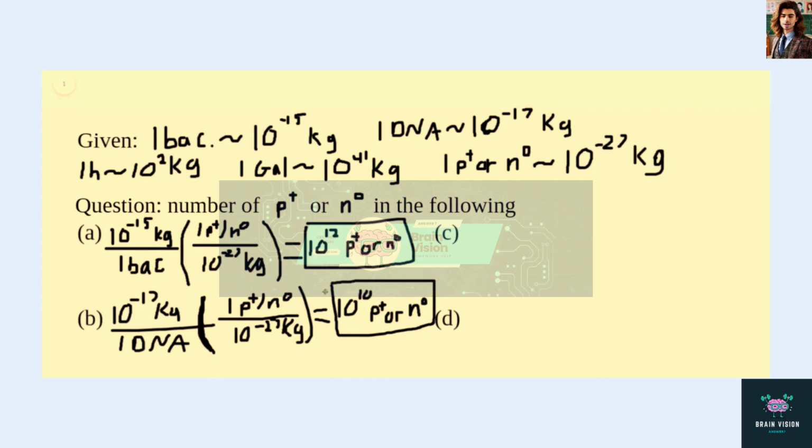Now moving on to part C, we're going to do the same thing except for humans. So we know that there are 10 squared kilograms for every one human. Then you multiply that by our conversion, which is for every one P plus or N0, you have 10 to the minus 27 kilograms.